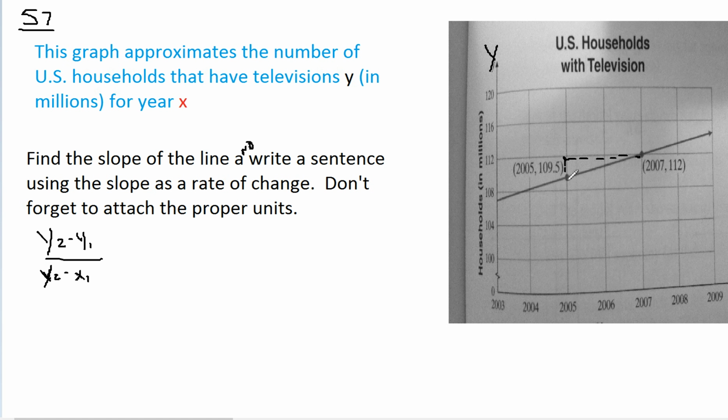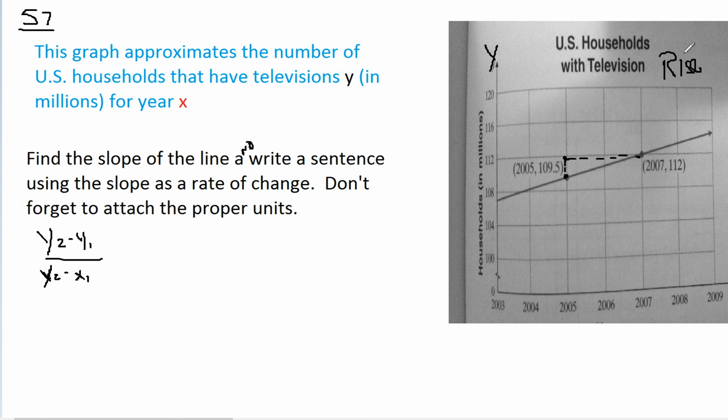Let's see. If I did the rise over the run, what have I got here? They've got the point here of 109.5, and if I counted that up to the 112, well, 109.5 up to 112 is 2.5. I can say that's the rise. I'll write it here.